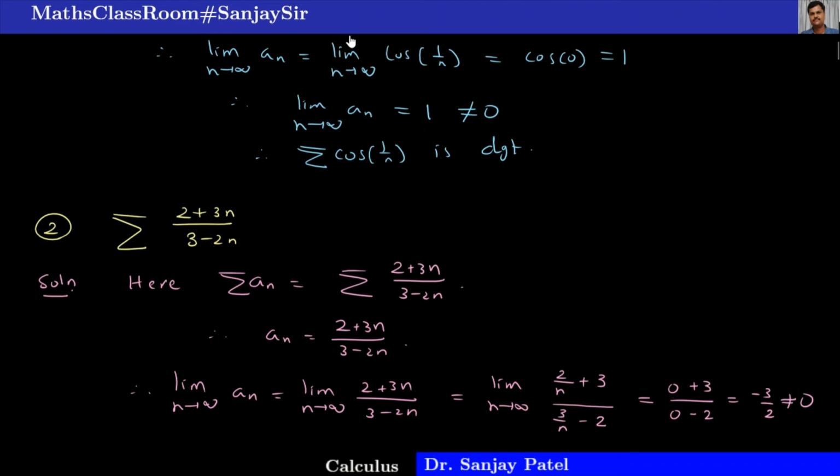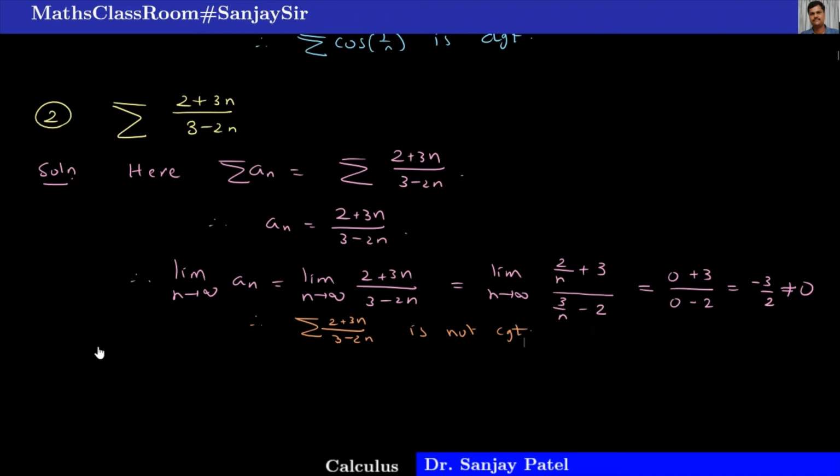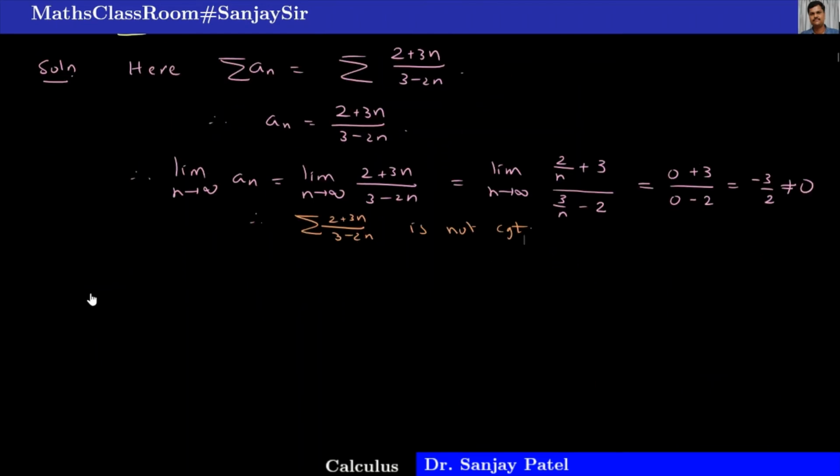Therefore we can say sigma an, that is 2 plus 3n upon 3 minus 2n, is not convergent, or it is divergent. Whenever we have polynomial kind of expressions in numerator and denominator, we can use this technique.